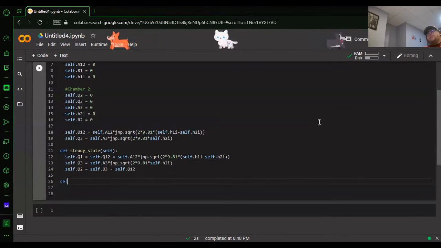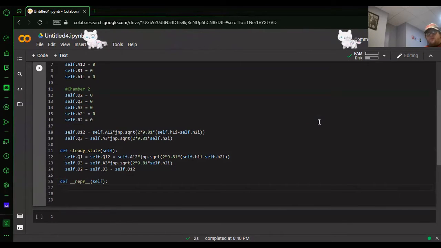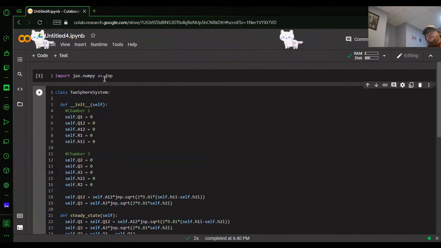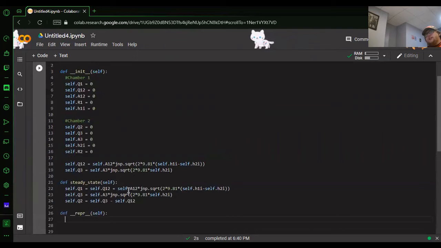So what we're going to do now is have a method here which handles how this object displays itself in the console.